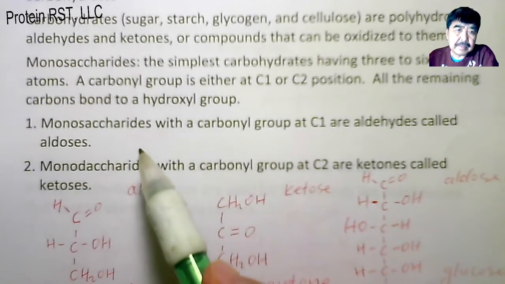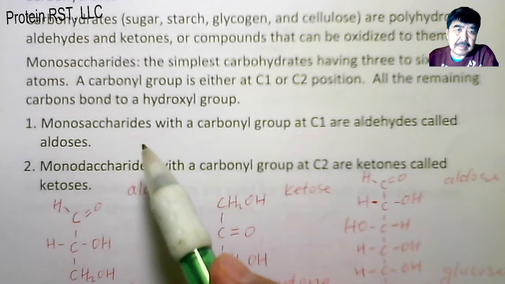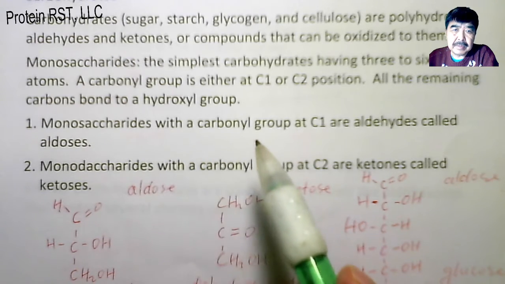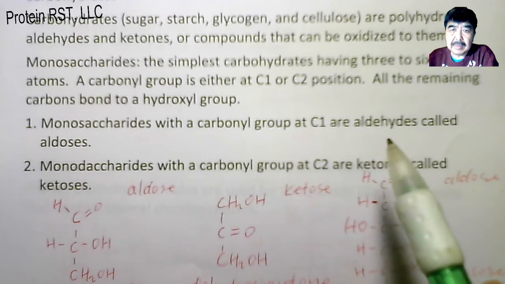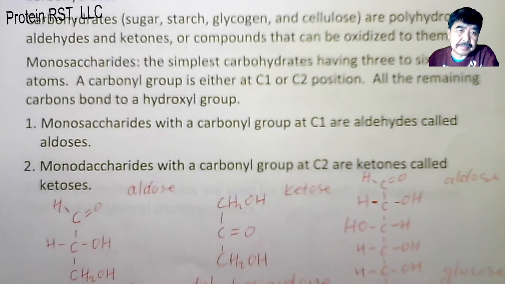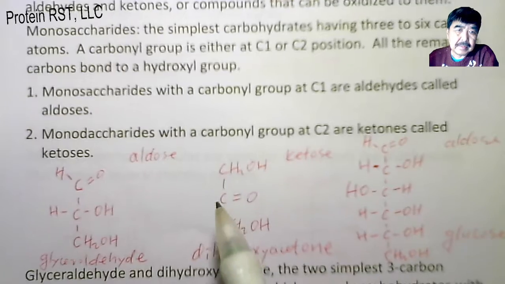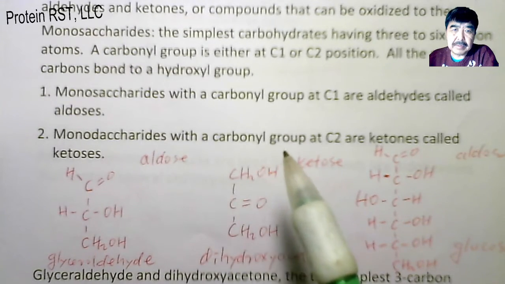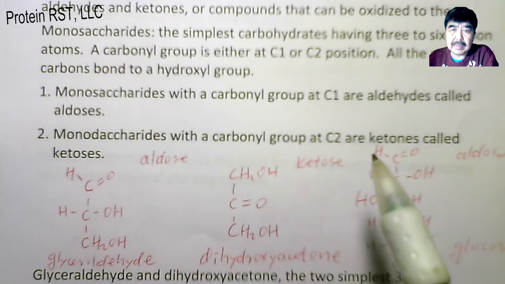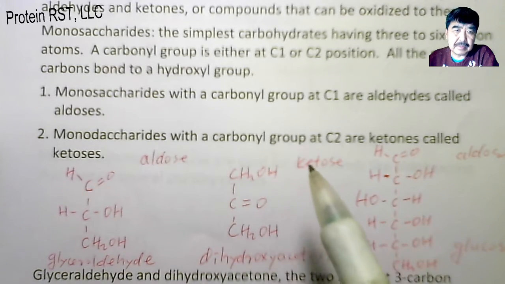The first way, monosaccharides with the carbonyl group at C1 position are aldehydes called aldoses. The second type, monosaccharides with a carbonyl group at C2 position are ketones called ketoses.